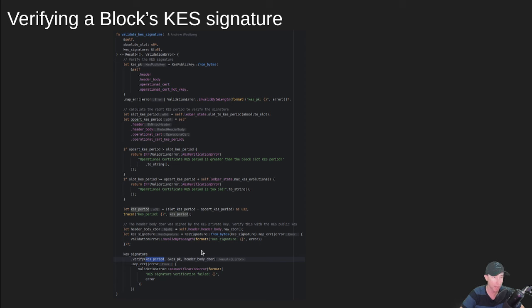Once we've done that, we then call verify on this signature, and we have to figure out what KES period the key is rotated to. So we do the subtraction. We take the slot KES period, the one we saw in the block, minus the KES period that was put in the opcert, so we know how many times to rotate this KES key before we do the verification. And that's why we send in this KES period into the verify method to verify the signature. So that's kind of how that works.